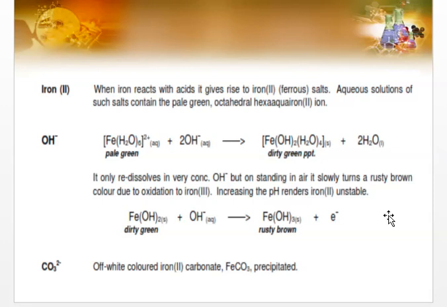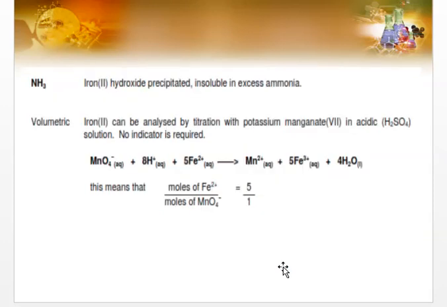Increasing the pH renders iron(II) unstable. Dirty green, then brown color. But iron(II) carbonate, ferrum carbonate, precipitates with white color. With ammonia, iron(II) hydroxide precipitates, insoluble in excess ammonia.